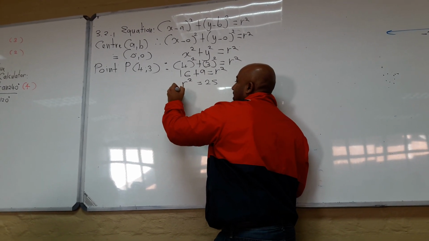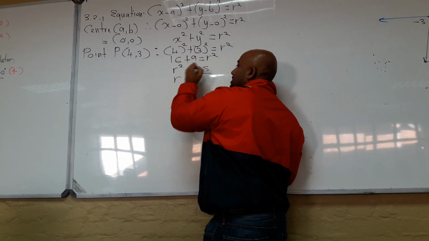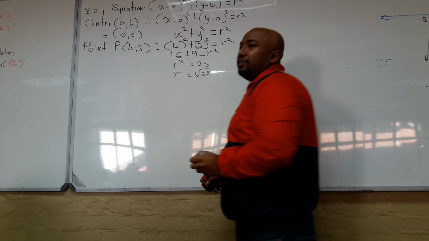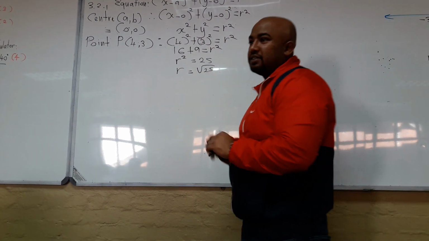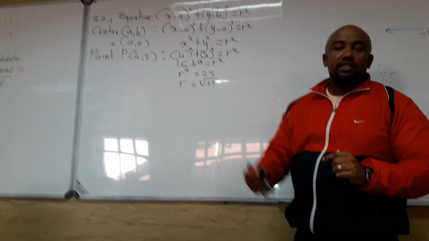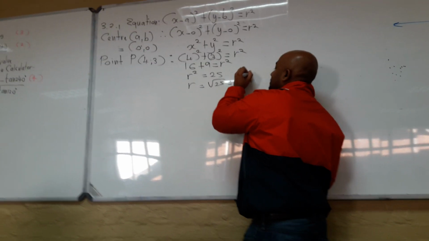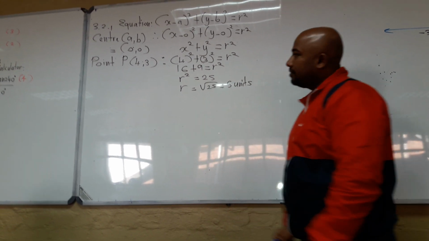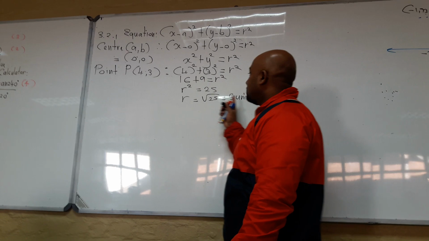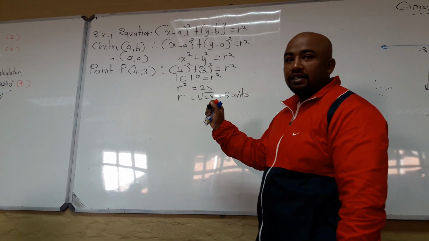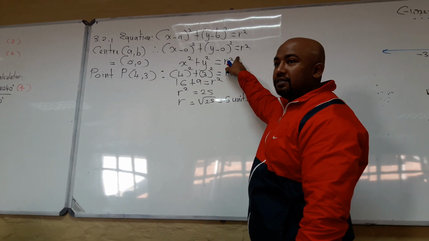So now, what is r? r is equal to 5, the positive square root of 25, because radius is defined as a distance. Distance is always positive, so r is equal to 5 units. Determine the equation of the circle. Your r is equal to 5 units, but the equation of the circle uses r squared.